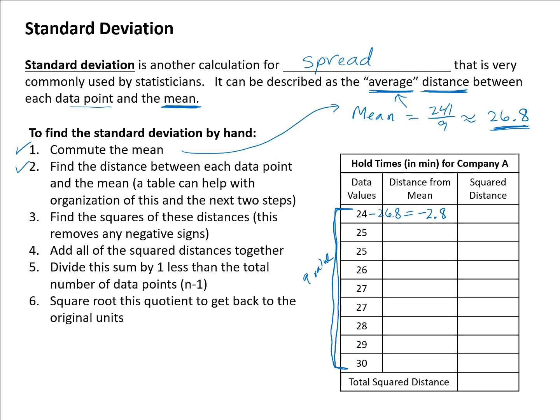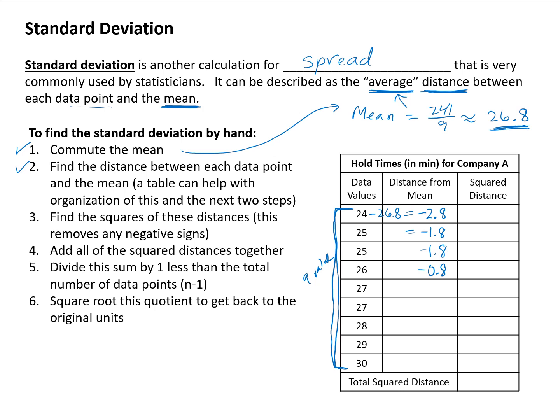So I get negative 2.8. And I'm going to continue to subtract 26.8, the mean, from each of these data points. If I subtract it from 25, I will get negative 1.8. Again, 25 would be the same value. 26 would be negative 0.8 because I'm getting closer to the mean, so my distance has gone down. It's a little bit smaller.